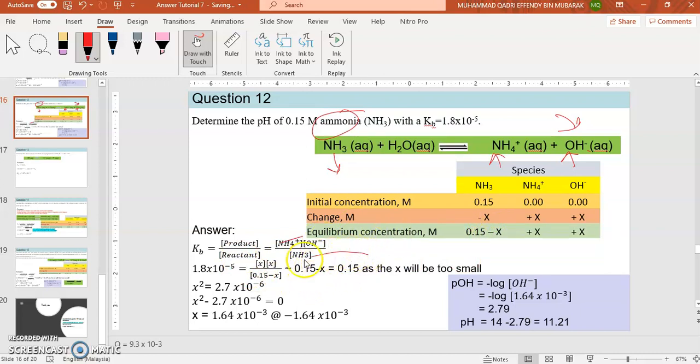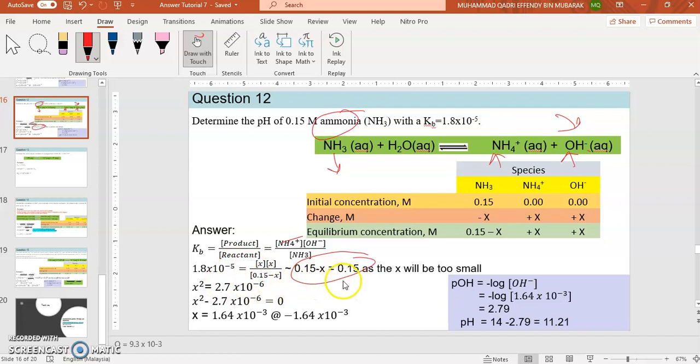Again we use this relationship: 0.15 minus x, x is too small, so we use 0.15. If you don't like to use this kind of assumption, you still can calculate it, but the work will be longer, and if it involves the power of 3 or power of 4, it will be more complicated.